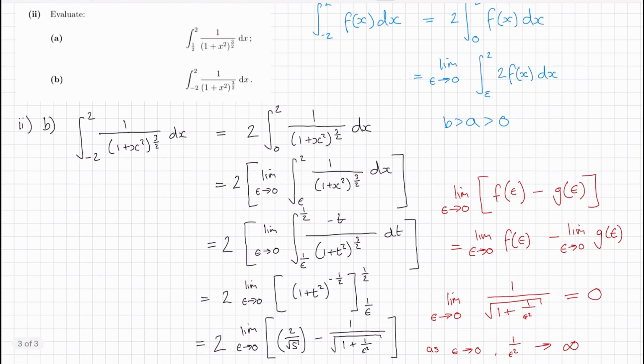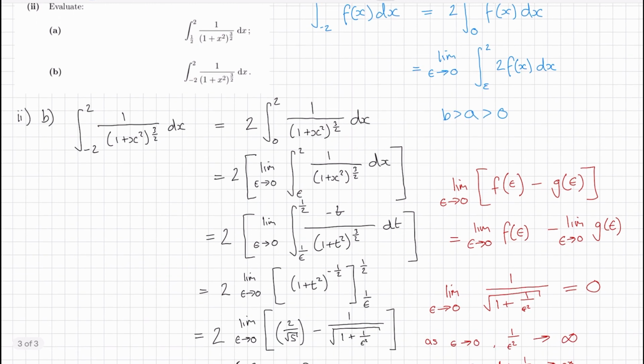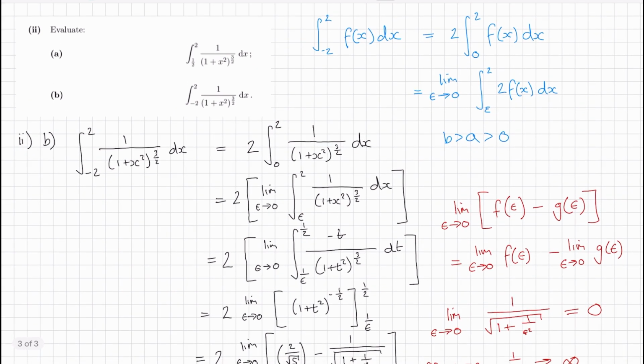It was a bit more involved. We had to use this limiting behavior. But if you didn't want to use that, you could use any method, because as you can see here, it says evaluate. And when it's evaluate, you can use whichever correct methodology you want.